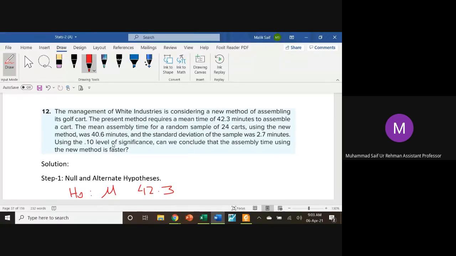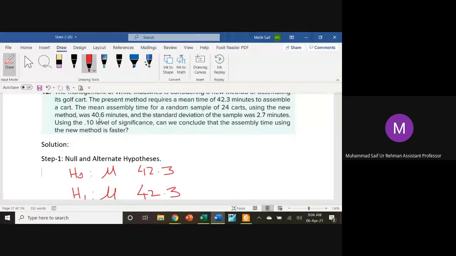The situation is different basically. As the time for assembling a card decreases, it means the efficiency has increased. It means the new method they are going to introduce for assembly is taking less time. To assemble a card, less time is now required based on the sample information.